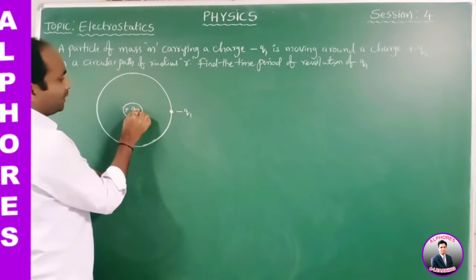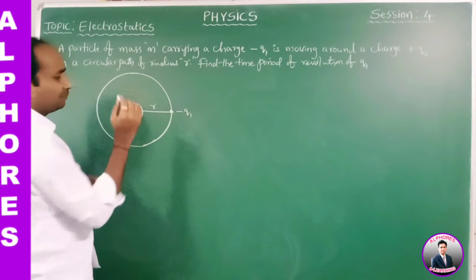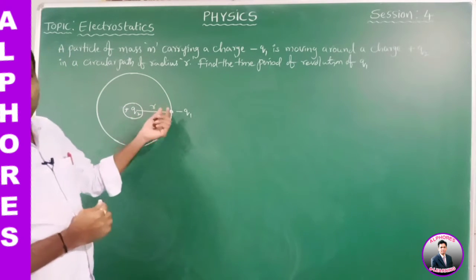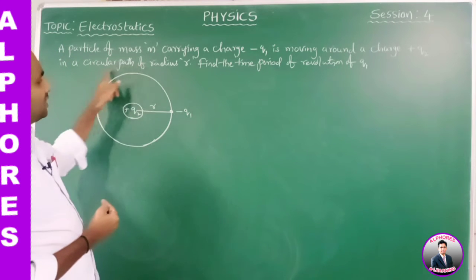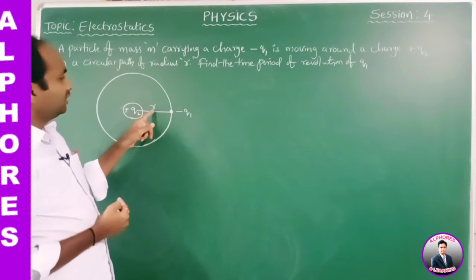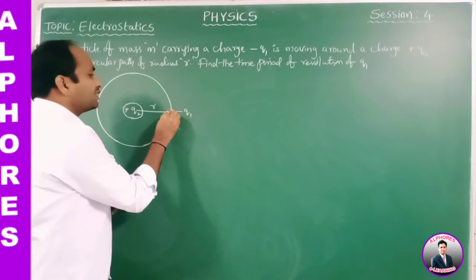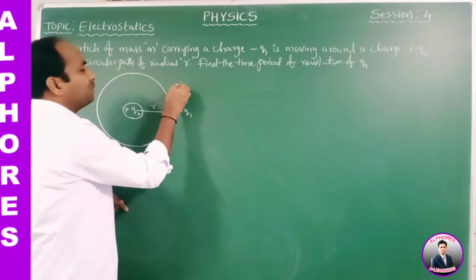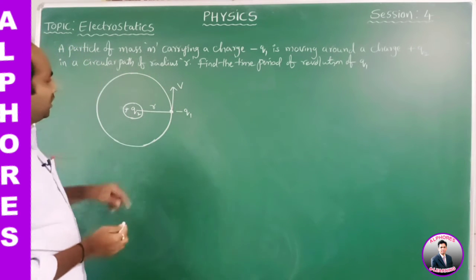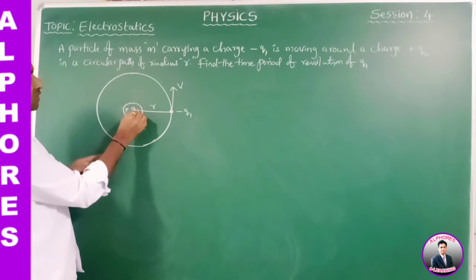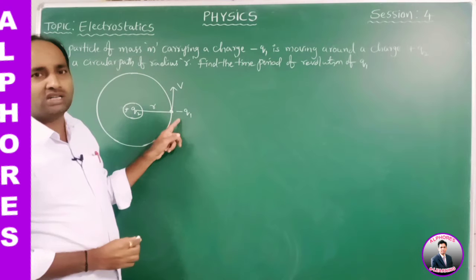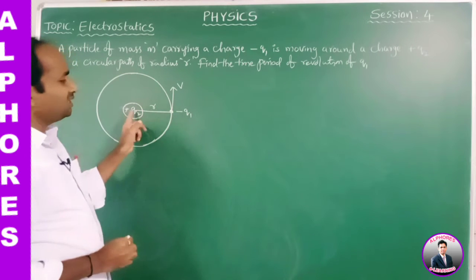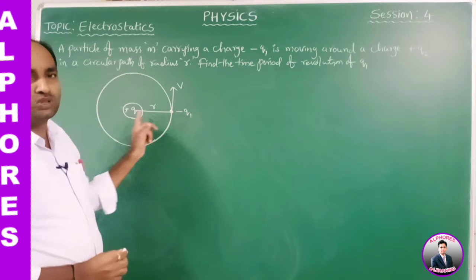In a circular path of radius r. Let the charge be revolving in the circular path of radius r with a linear speed v. Now this is a positive charge at the center of the circular path, and here a negative charge is revolving. So there is an attraction force between these two charges.